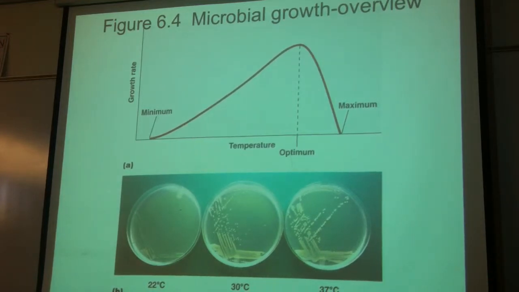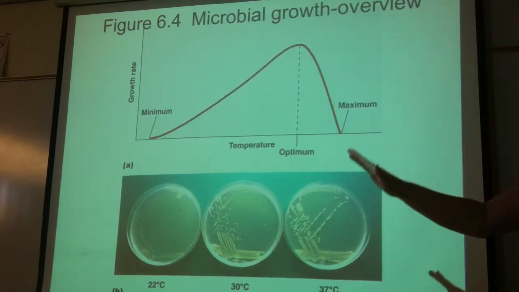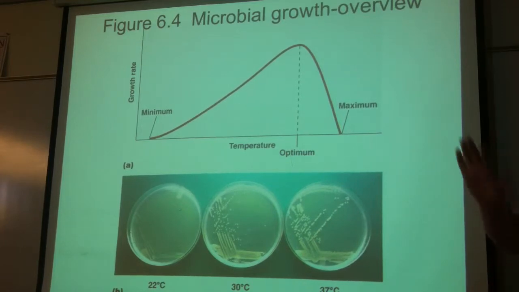One example here, you can see, looks like bacteria, but if you're looking at a different temperature scale, based on the temperature, you can have it cold, 22 degrees, and that means everything in that metabolism is going to slow down, and it's going to grow very slowly.